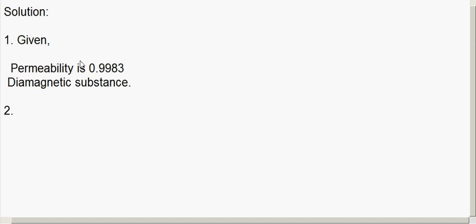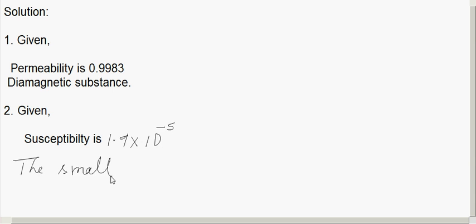We'll write the answer for the second one. Given susceptibility is 1.9 into 10 raised to the power minus 5. So it's a very small and positive value.